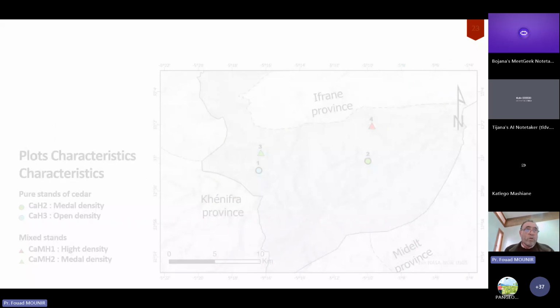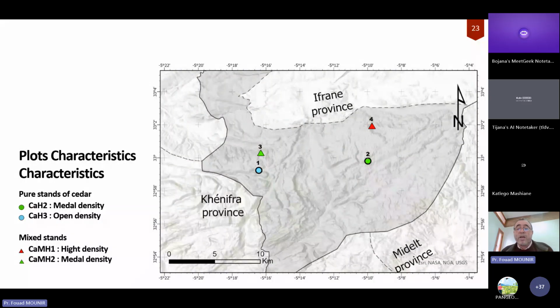We chose 2 plots with a pure stand of cedar, and 2 plots with a mixed stand of cedar and holm oak.